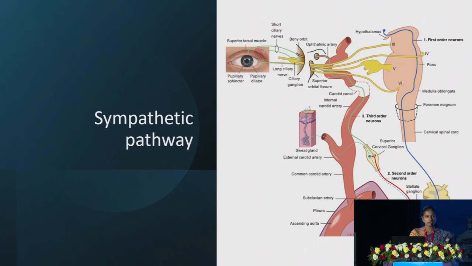The second order neurons start from here and synapse at the superior cervical ganglion, which is present at the bifurcation of the carotid artery. The third order neuron has a long course along the internal carotid artery, then through the superior orbital fissure and cavernous sinus, and into the orbit to supply the dilator pupillae along the long ciliary nerves.